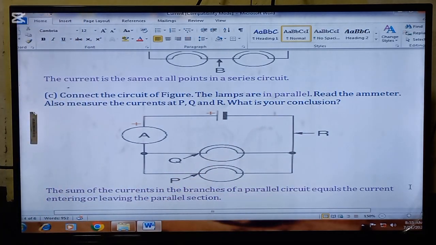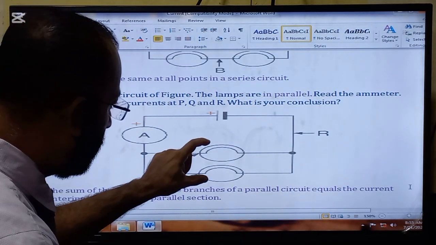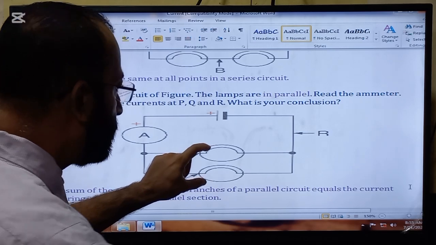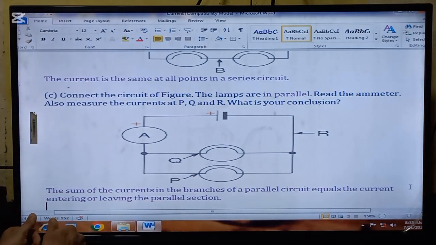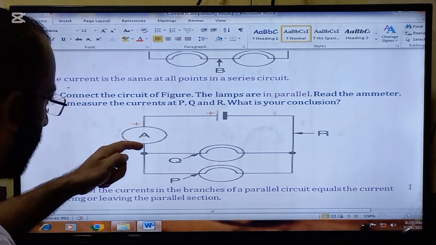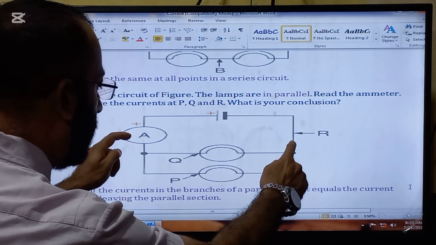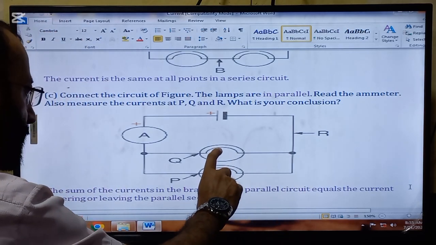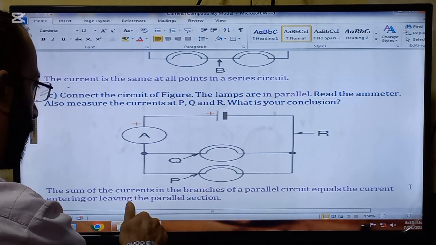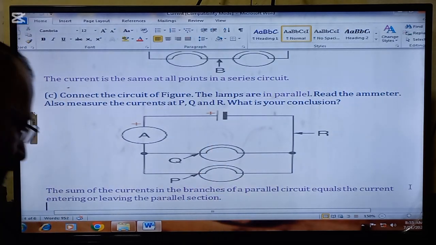So look now, the conclusion will be the sum of the currents in the branches of the parallel circuit will be equal to the current entering or leaving the parallel circuit, at this point and this point. So entering and leaving current will be equal to the sum of the currents in the branches of the parallel circuit.